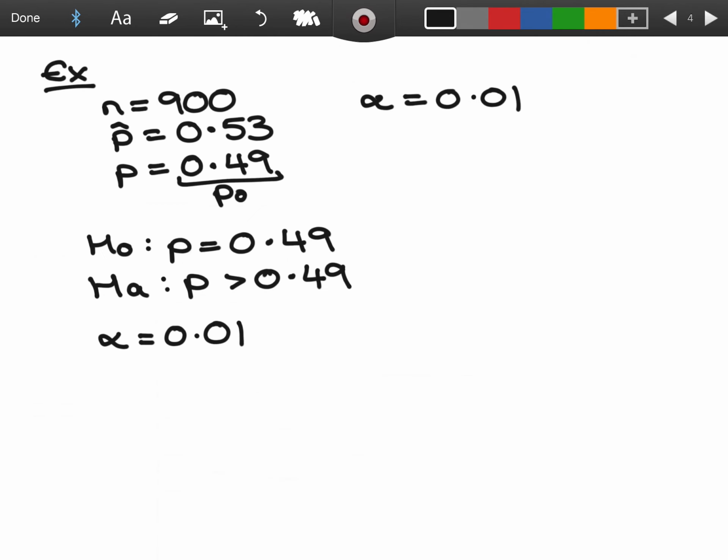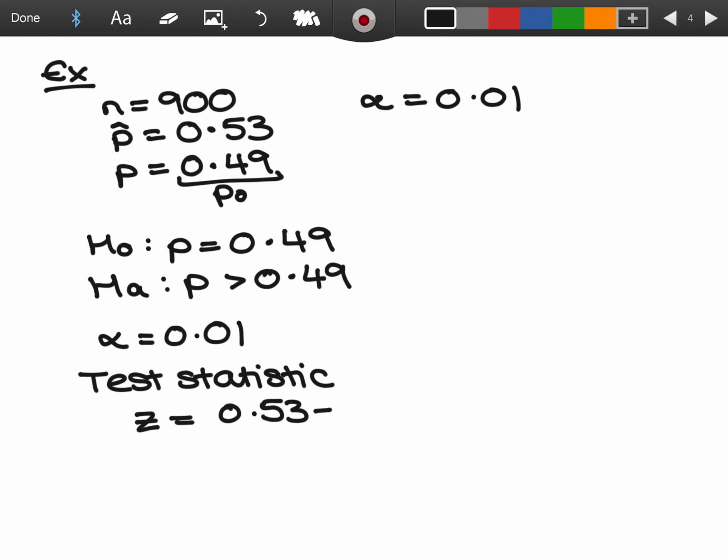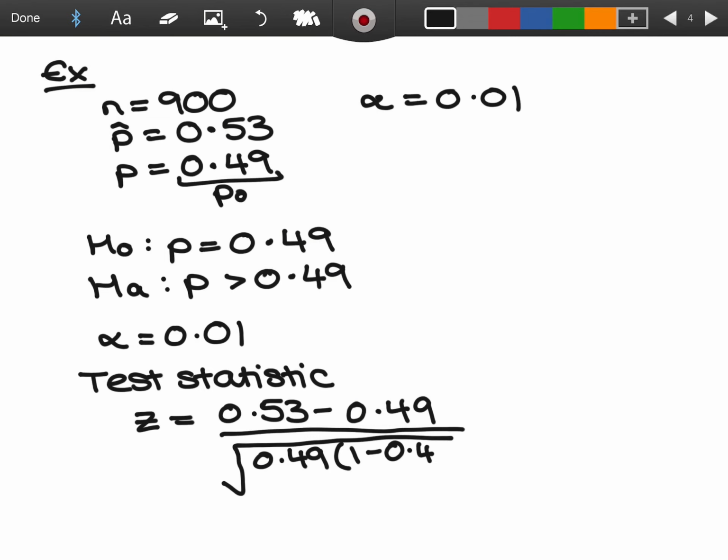So this test statistic, Z, is equal to the sample proportion minus the population proportion divided by the square root of the population proportion multiplied by 1 minus the population proportion over the sample size.